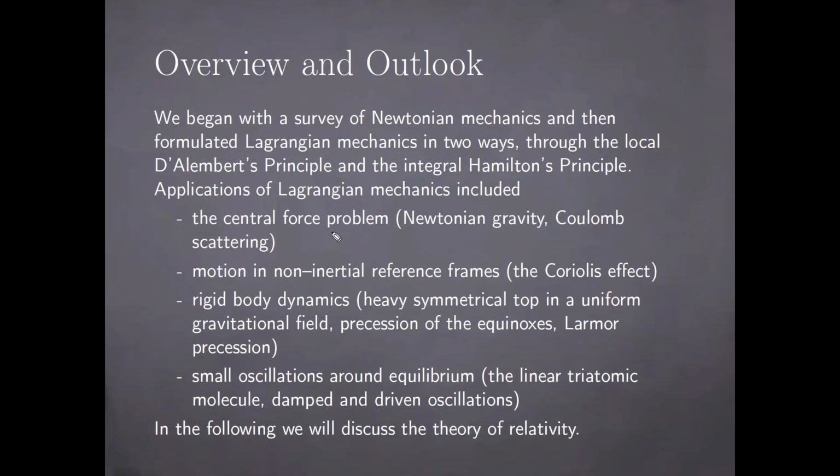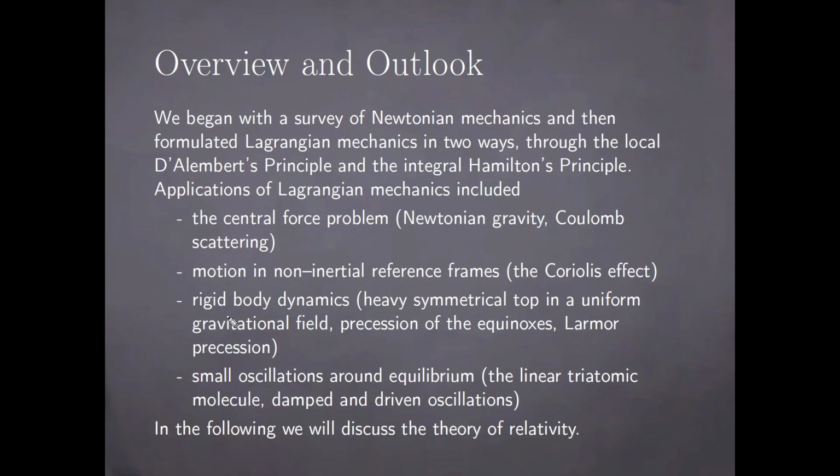We have looked at the central force problem, and we have mainly studied Newtonian gravity and Coulomb scattering. We have looked at motion in non-inertial frames of reference, and particularly we have studied the Coriolis effect.